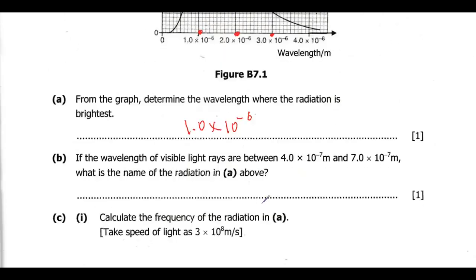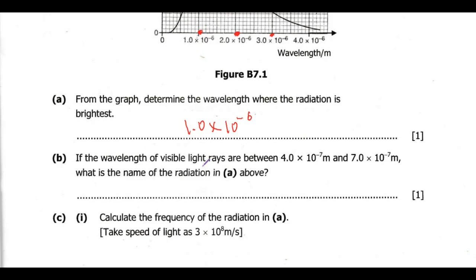If the wavelength of the visible light rays is between 4.0 and 7.0 times 10 to the power negative 7, what is the name of the radiation in A above?